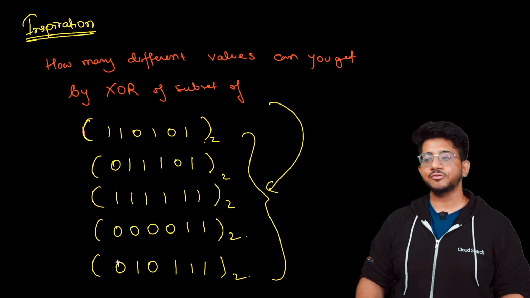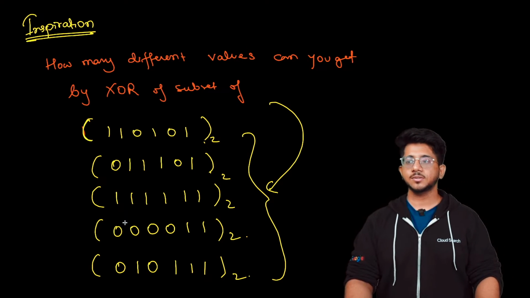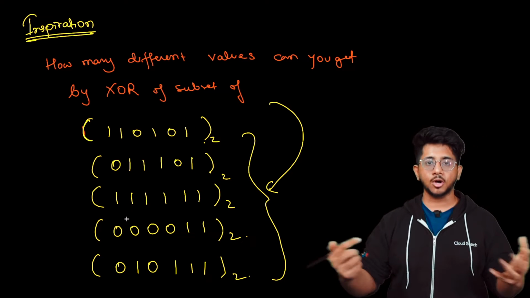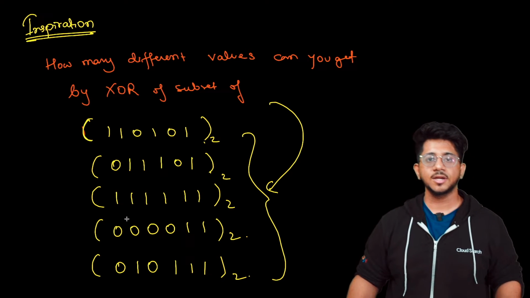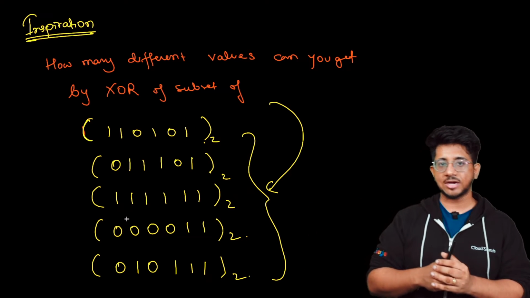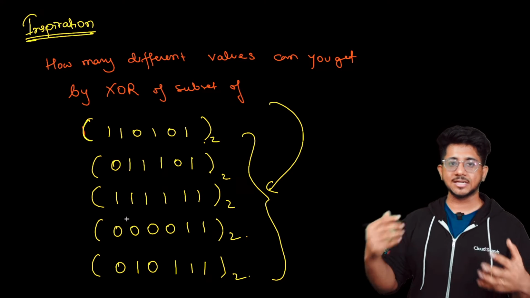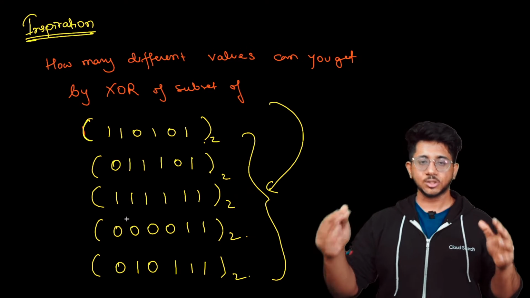So say you are given 5 values. Let's suppose there is a set which has 5 values. Now what you need to find is the number of different XOR values that you can get using the subsets. So you have the 5 elements, you pick out any subset of these 5 elements and you XOR all of them. I expect that you know XOR. XOR is basically bitwise exclusive OR, right?